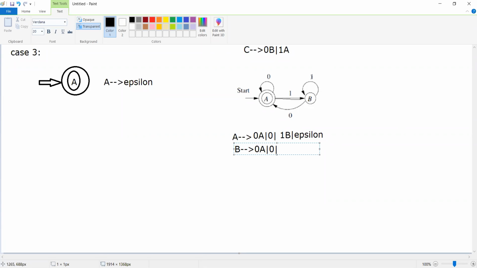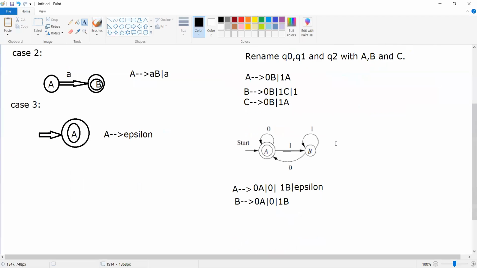And B on 1, you can check it over here, it will be 1B. Now, B is not a final state, so hence we will be getting the production like this. Understand? This is how we will be converting our given finite automata into the corresponding regular grammar.